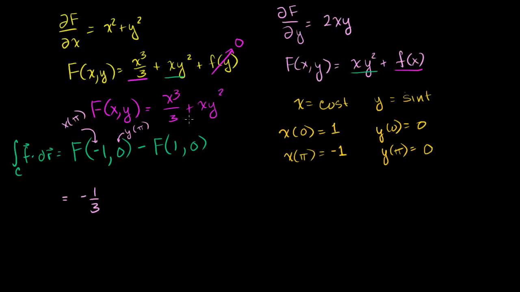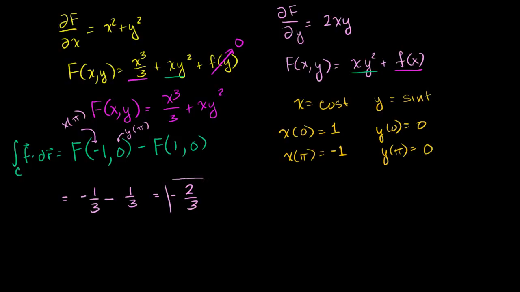So this term is going to disappear. So we can ignore that. And then we have minus f of 1 comma 0. So you put a 1 here. 1 to the third over 3. That is 1 third plus 1 times 0 squared. That's just 0. So this is going to be equal to minus 1 third minus 1 third, which is equal to minus 2/3.